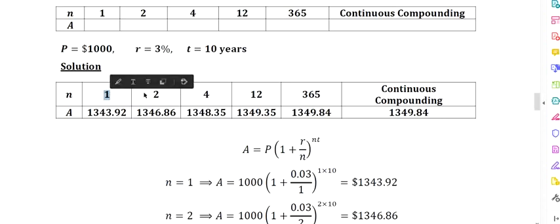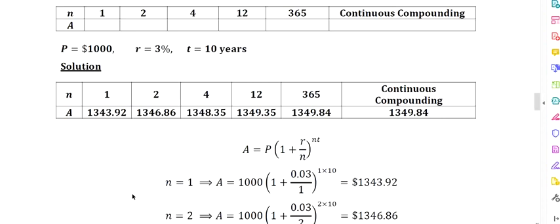At first it's 1, so it's over n to the power of n, which is 1, times T, which is given here in years as 10. Calculating that value in the calculator, you will find the corresponding A, or that balance, at the end.